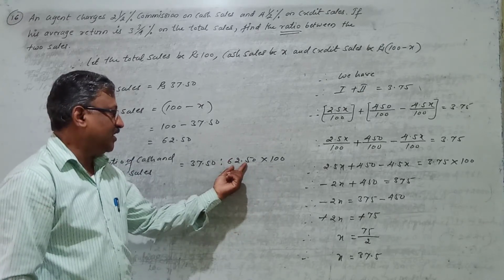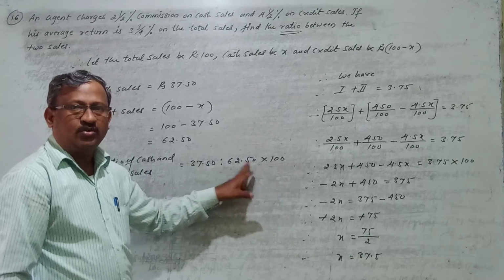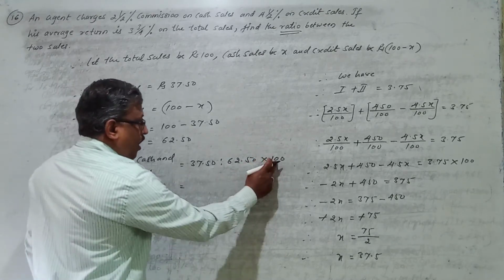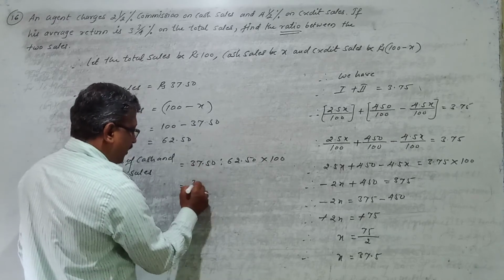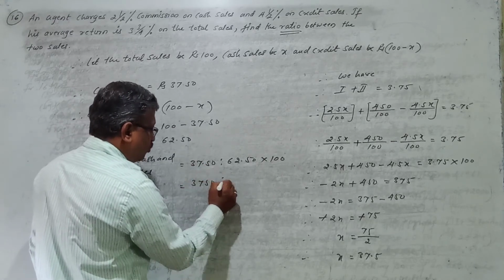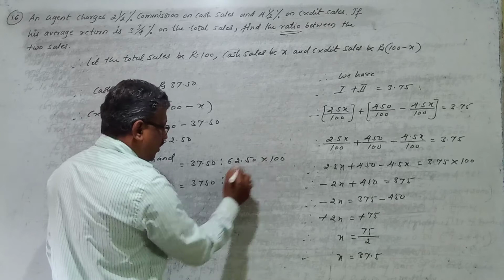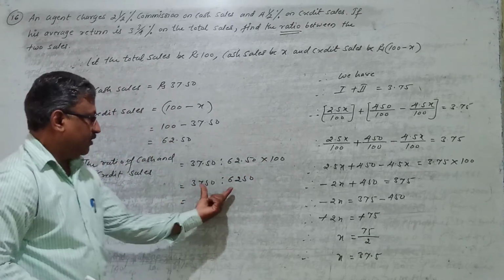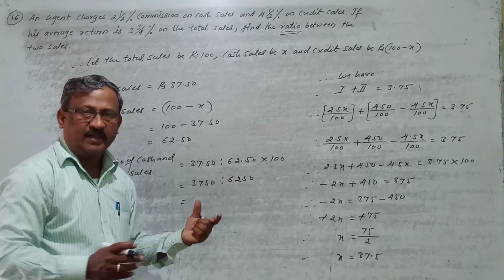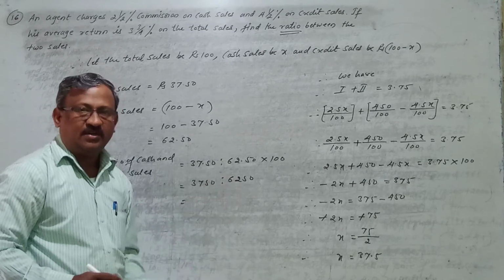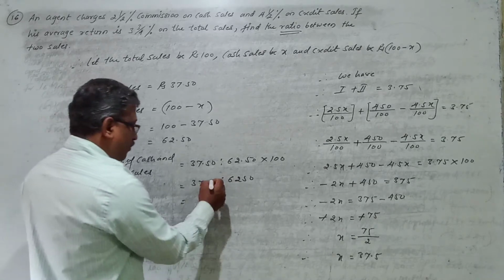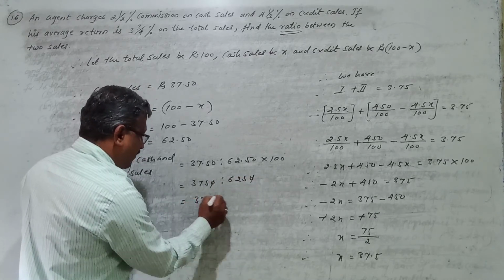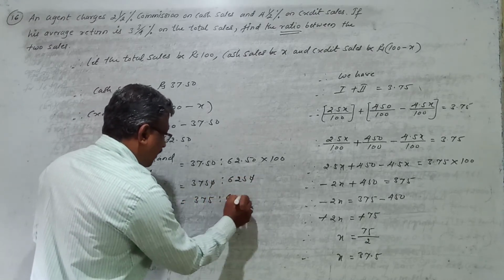So 100 into 37.50 you get 3750 is to 62.50 into 100 you get 6250. Like this the decimal point is cancelled, and further if these numbers are divisible we divide. So the two zeros get cancelled, and it remains 375 is to 625.